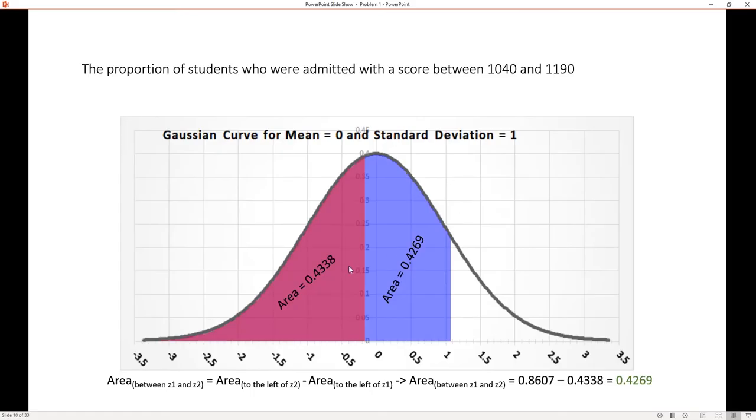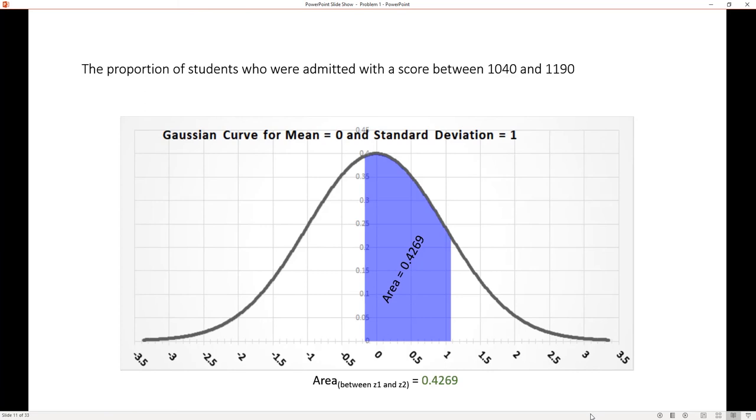So let me physically subtract this area, and maybe you could see it better. There we go. The area in between ends up being 0.4269.